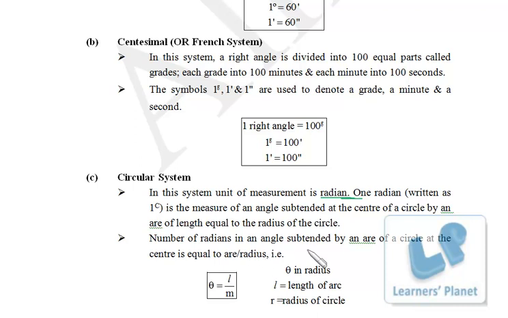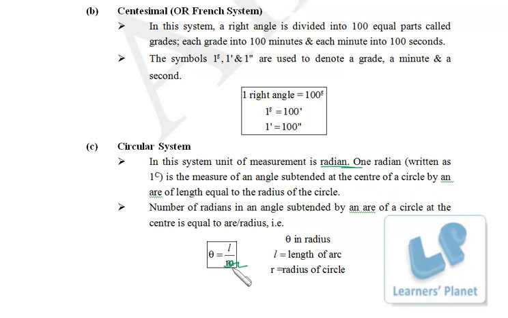So the number of radians in an angle subtended by an arc of a circle at the center is equal to arc by radius, right? So theta is equal to length of the arc by radius of the circle. Okay, so theta in radians is equal to L by R, where L is the length of the arc and R is the radius of the circle, right?